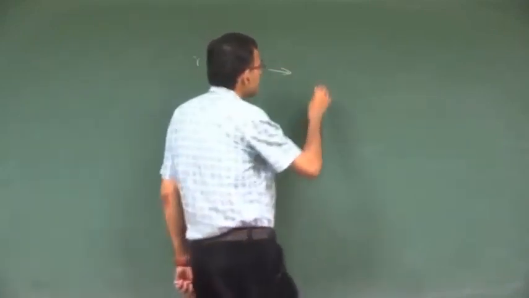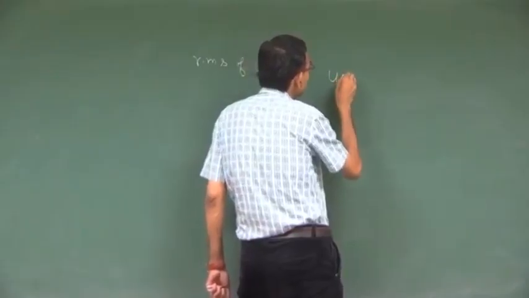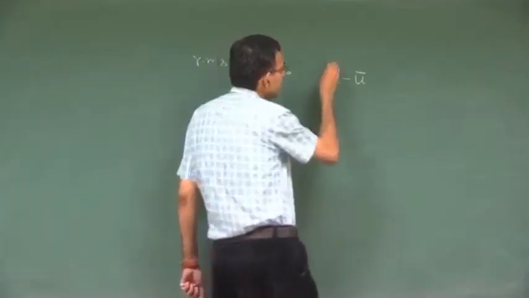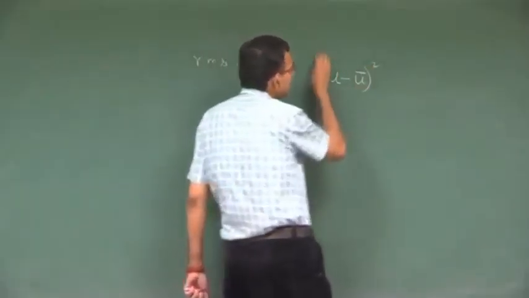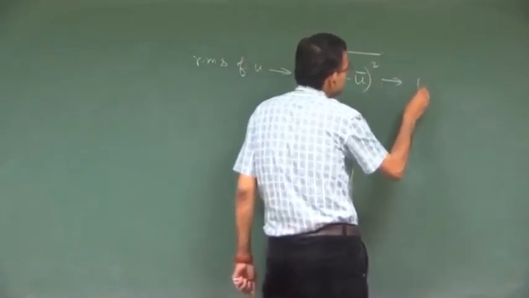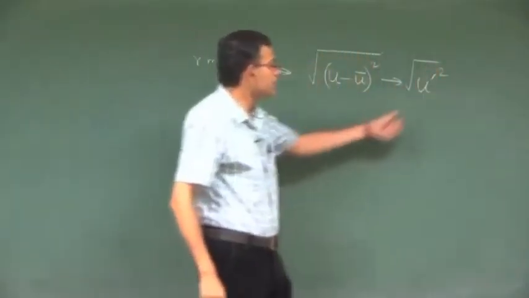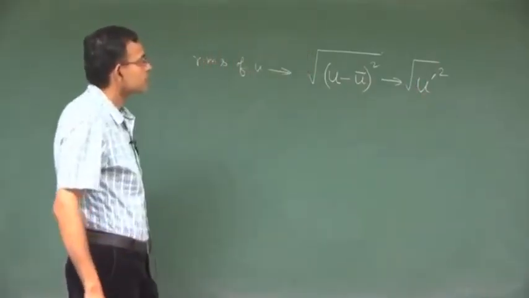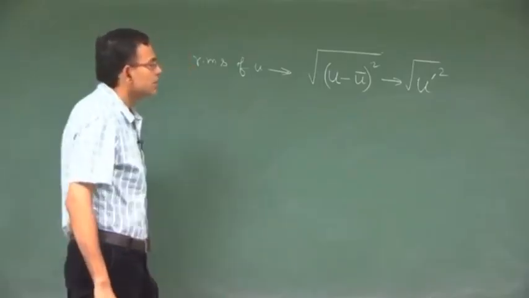So RMS is basically u minus u bar, squared, and then averaged. This is definitely not 0.